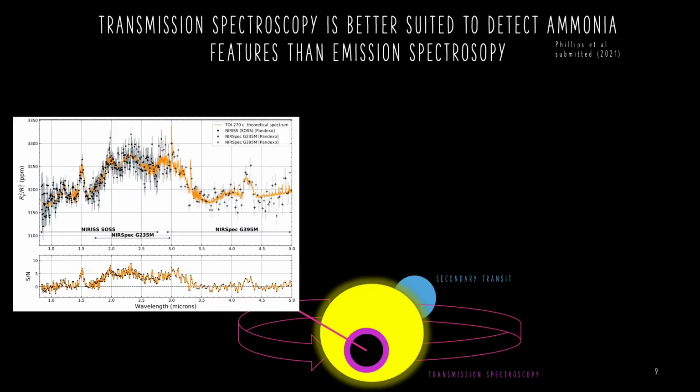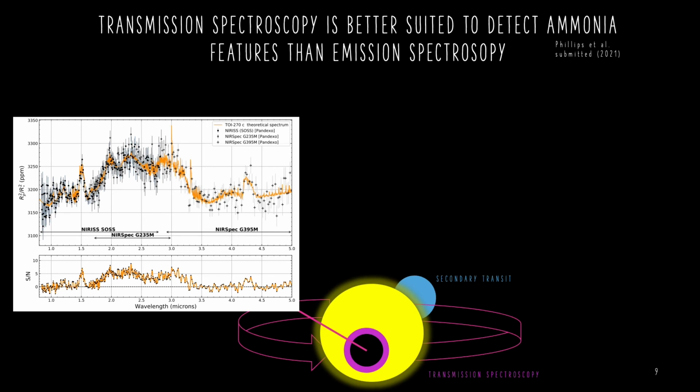So we found that transmission spectroscopy is better suited to detect ammonia features than emission spectroscopy. As I mentioned, with transmission spectroscopy we test a variety of instruments and modes, like the NIRSpec and the NIRes instrument. This is an example spectrum of TOI-270.